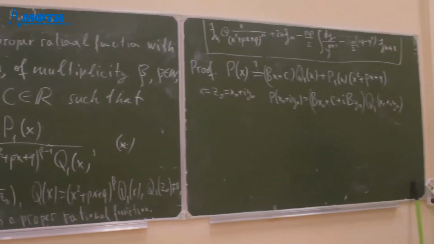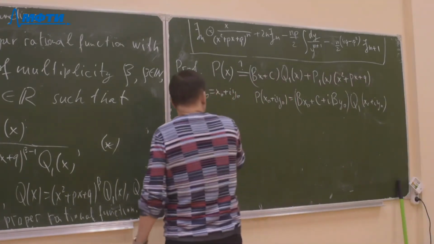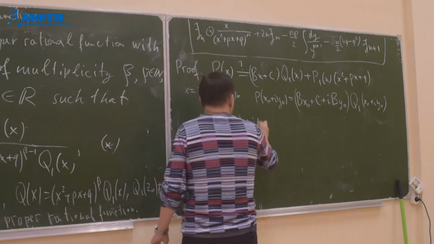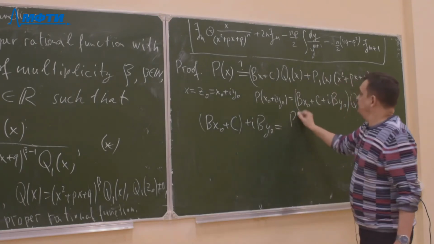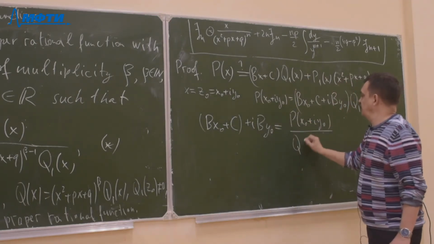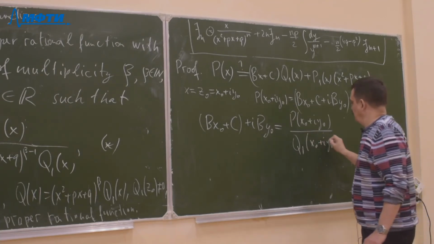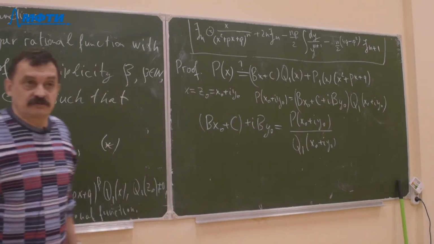Now, look, let me rewrite it in that form. bx naught plus c plus I b y naught equals to p of x naught plus I y naught over q1 of x naught plus I y naught. I can do it because of that supposition. q1 of z naught is not 0.